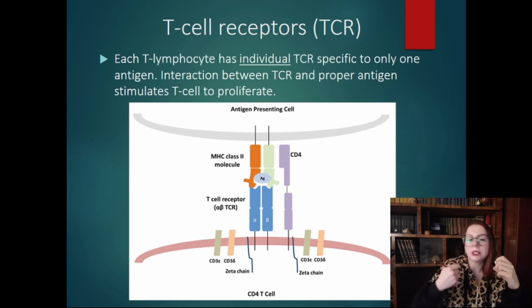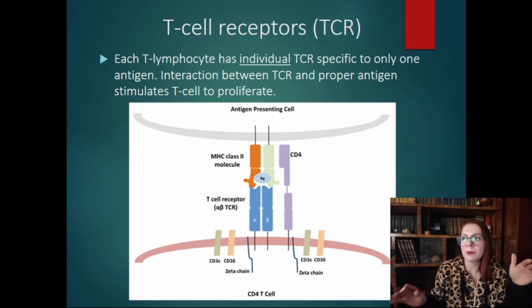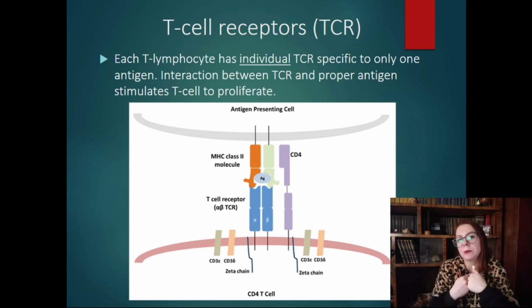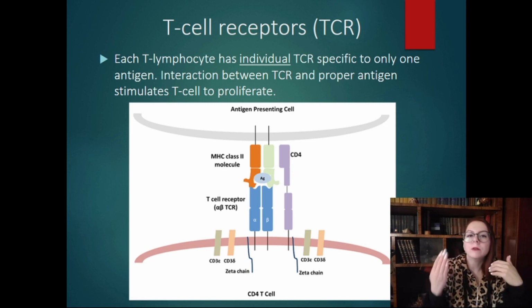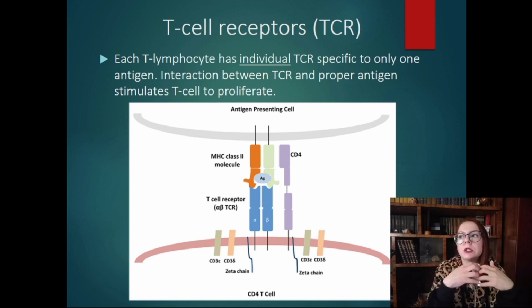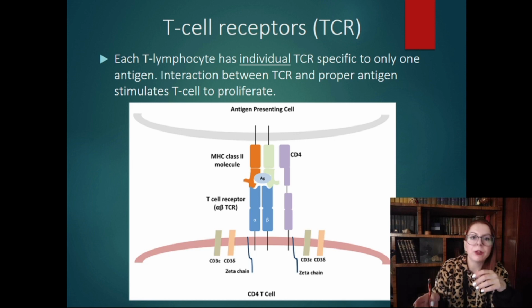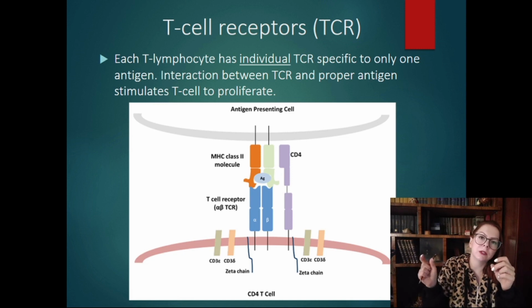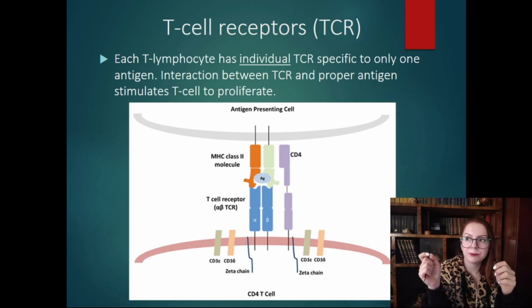So there are lots of T cells in our organism, but every T cell is individual. Every T cell bears its individual receptor, and every T cell can fight against only the same antigen. So when the organism is infected with an exact antigen, only one type of T cells gets activated and fights against it.